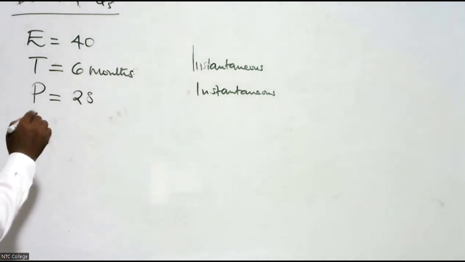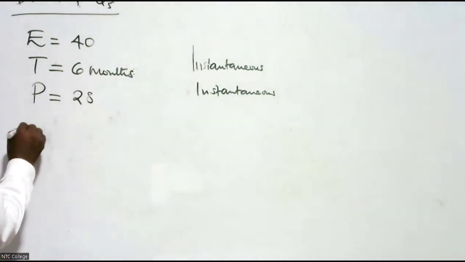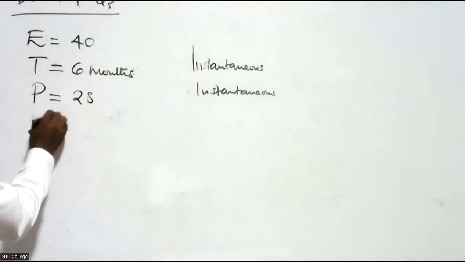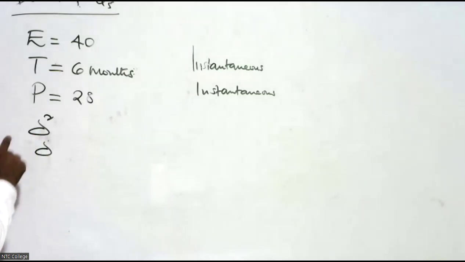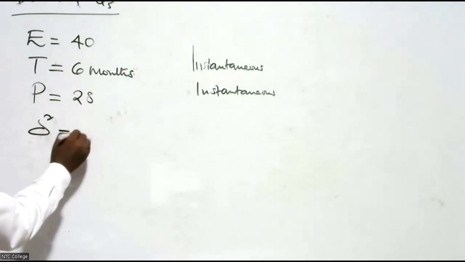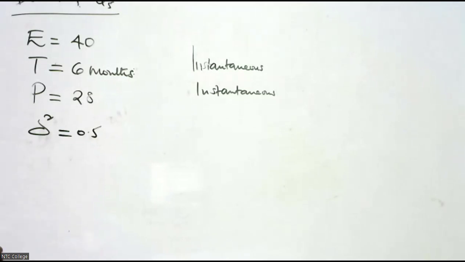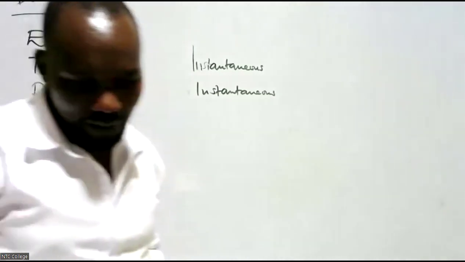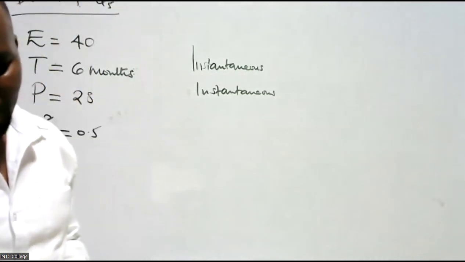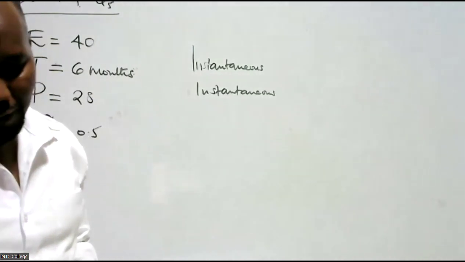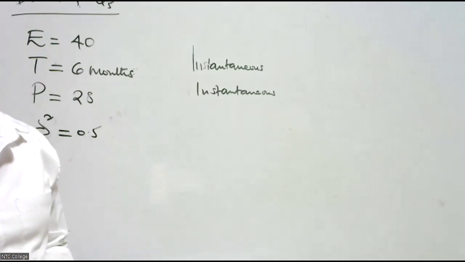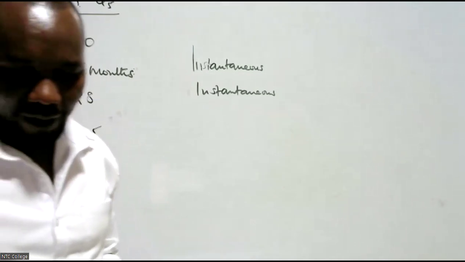So you're given the variance. You know how variance is written. It is this one, not this one. This is variance. So the instantaneous variance of the return of the underlying asset is 0.5.